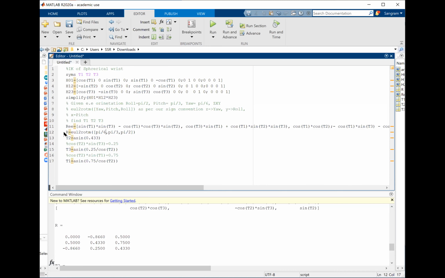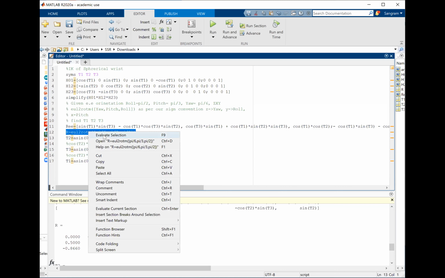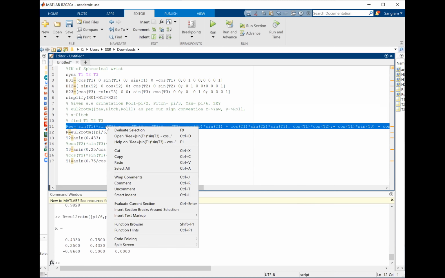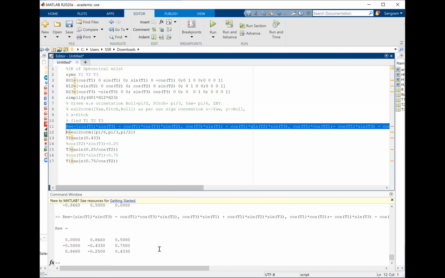And then I'm gonna evaluate. When I evaluate this, I get this matrix, and I have this REE. So you will have to compare those values.